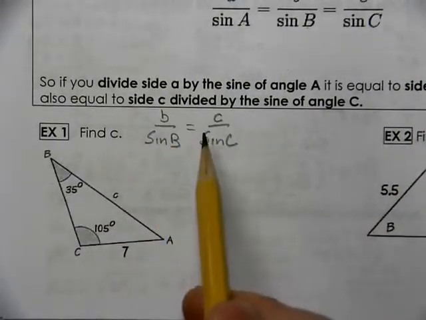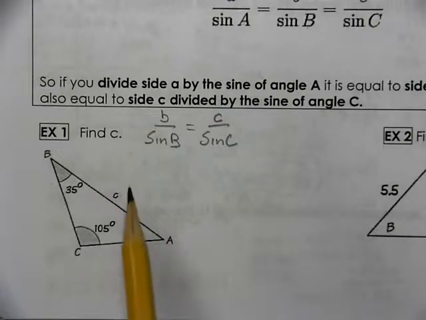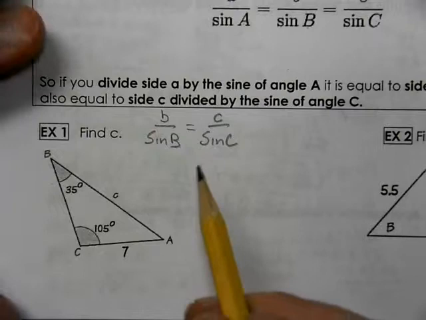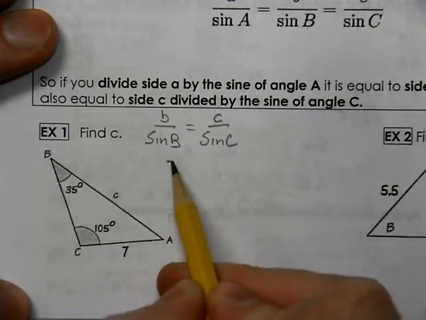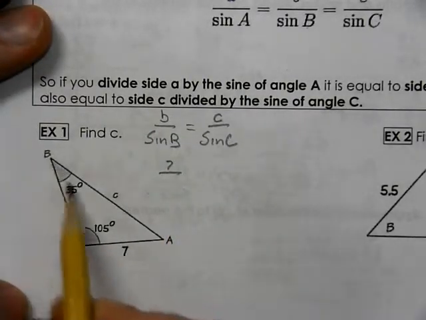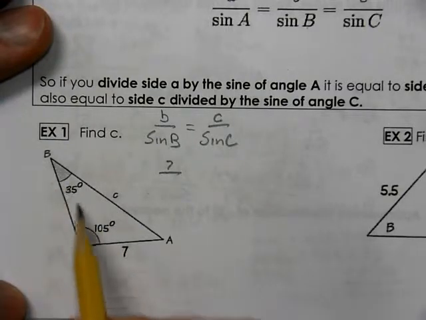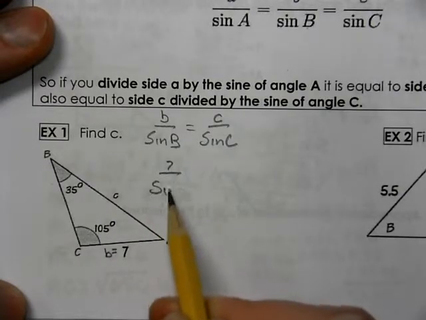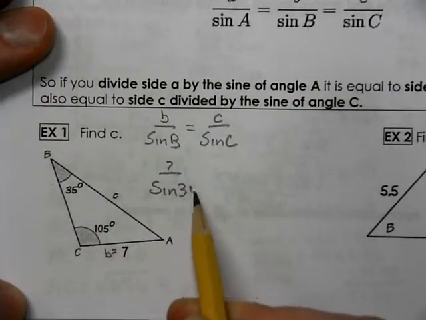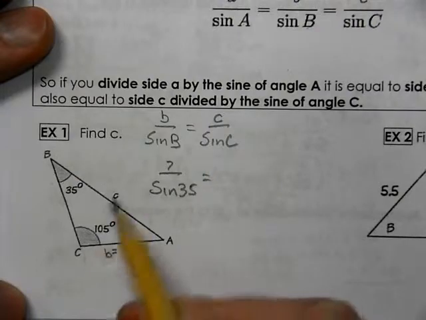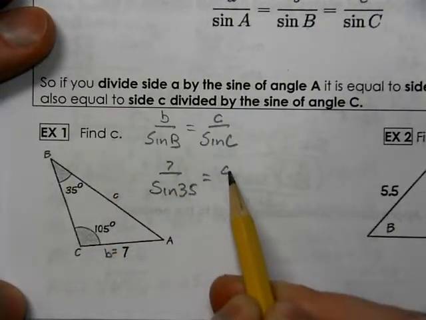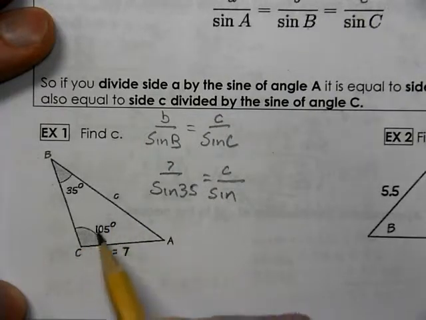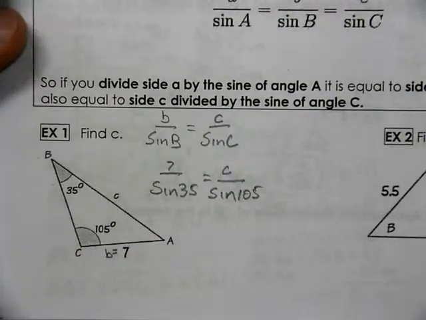Try to write the proportion with the letters first. That'll be sure that when you plug in your numbers, you know exactly where they're going to go. A common mistake is plugging the numbers in the wrong spot. Side b is always across from angle B, so that's going to be the 7. Angle B is 35. Side c is what we're solving for, so we don't know what that is, but angle C is across from that, so that's 105.